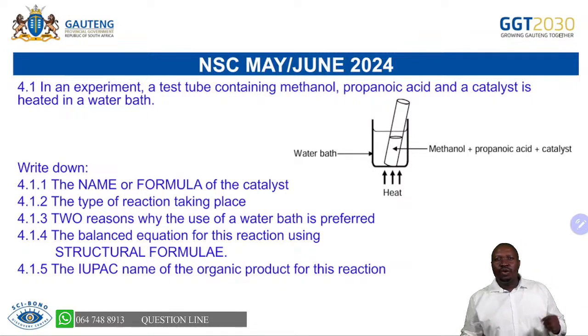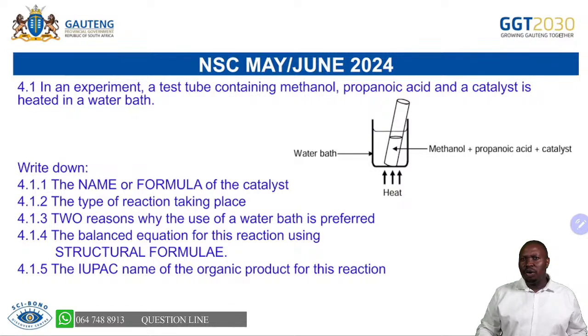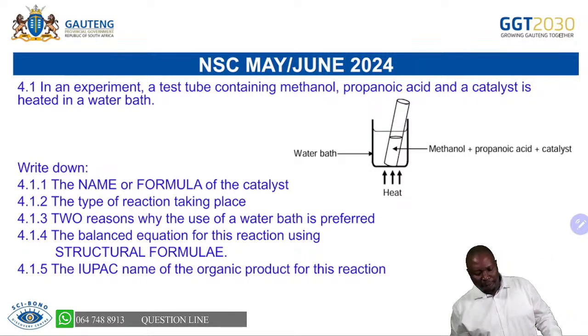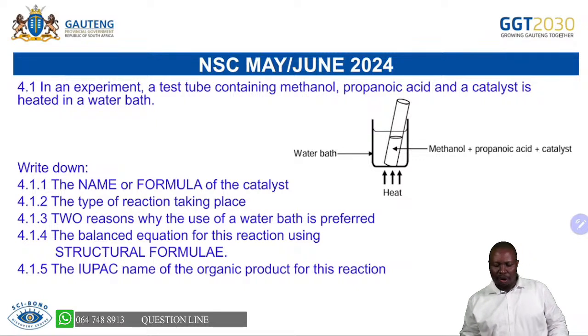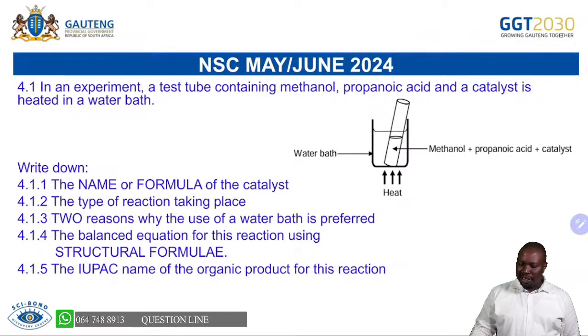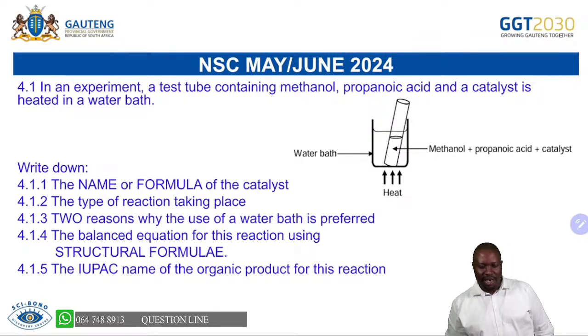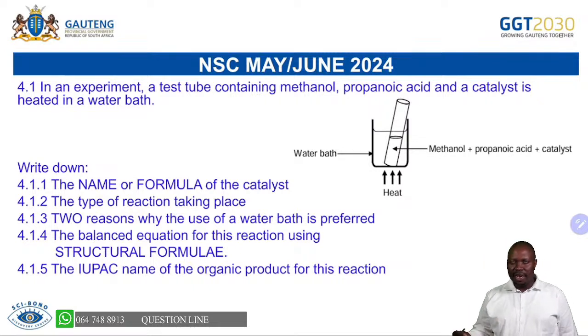The reason being that you are dealing with alcohol here, and alcohol is flammable, so you are going to have a problem. Hence you can't heat the alcohol directly there, because it is flammable, so you are taking some precautions, preventative measures to deal with that.